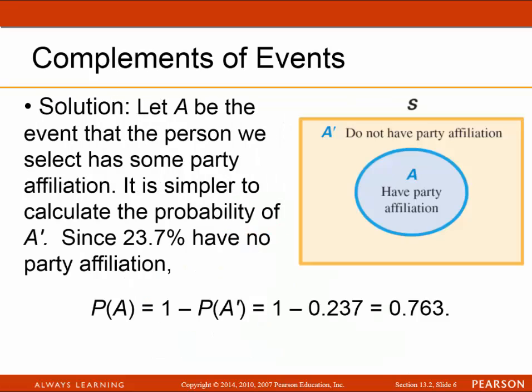So A prime does not have a party affiliation, A has a party affiliation. Let A be the event that the person we select has some party affiliation. It's simple to calculate the probability of A prime since 23.7% have no party affiliation. So 1 minus 0.237 gives us 0.763, or 76.3%, the likelihood that a person chosen randomly from this group has some party affiliation.